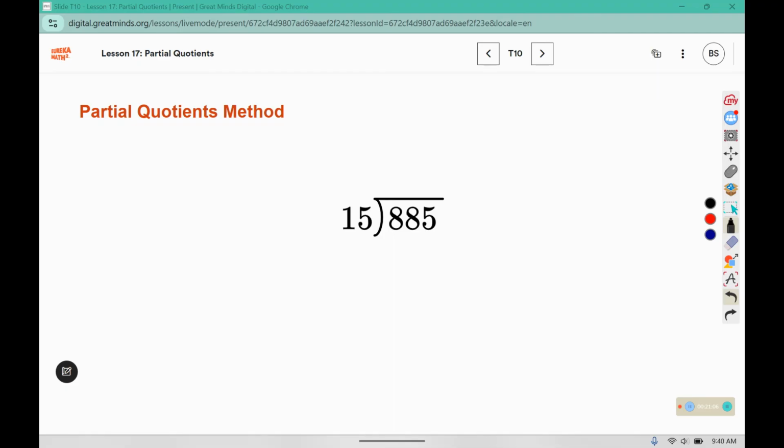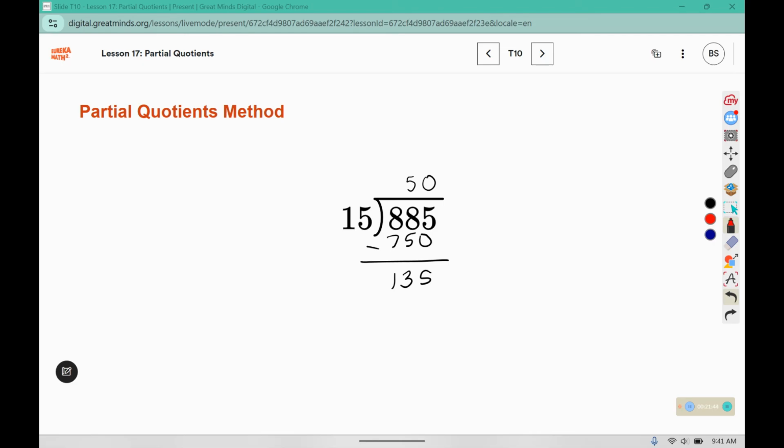We're going to divide 885 by 15. Let's start with 50. 50 15s. Well, 5 15s would be, let's see, 15, 30, 45, 60, 75. This is 750. Okay.